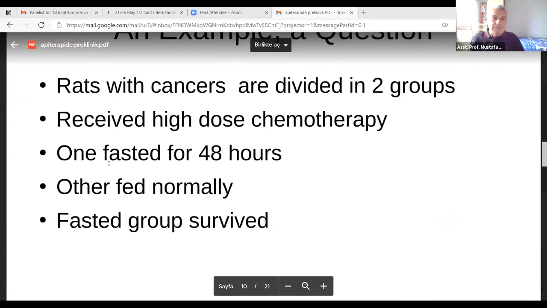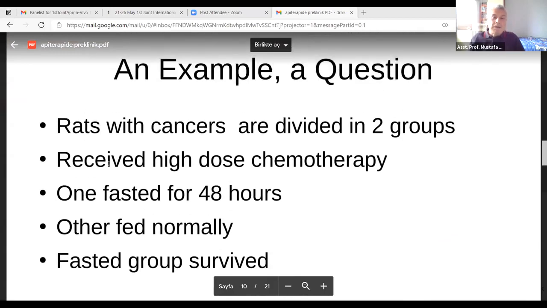Let's discuss a question. There's a wonderful study. They take rats with cancer and divide them into two groups and give them a high dosage of chemotherapy. But one group is fasted for 48 hours.